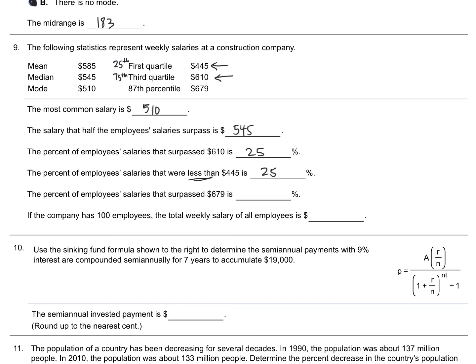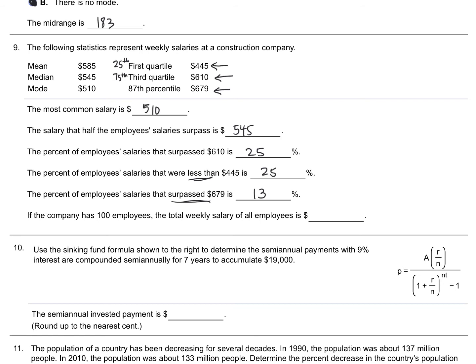The percent of employee salaries that surpassed $679. Since this is the 87th percentile, that means that 87% of the employees make less than this amount. And then 100 minus 87 is 13. So 13% make more than that. So the percent of employees' salaries that surpassed $679 is only 13%.